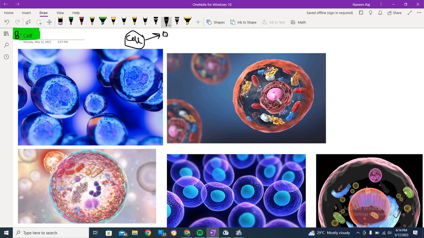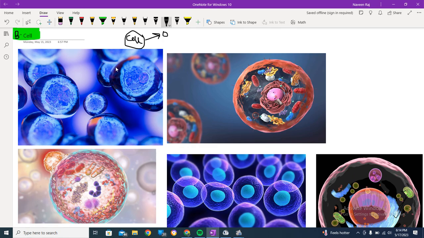So we can say that organisms are composed of cells. The organisms are composed of the basic structural and functional unit of life that is called the biological cell, right? So here are some images in front of you which can show you what cells look like.